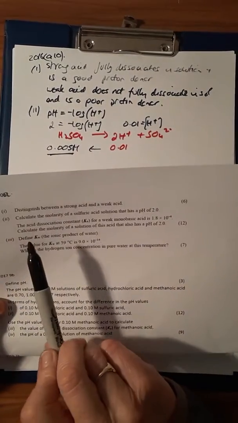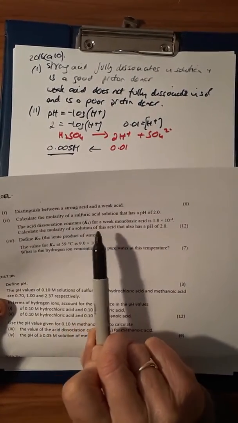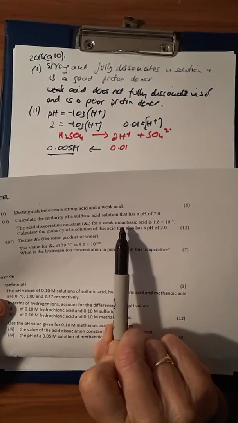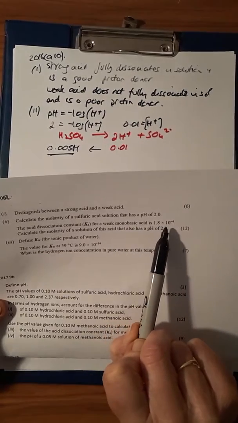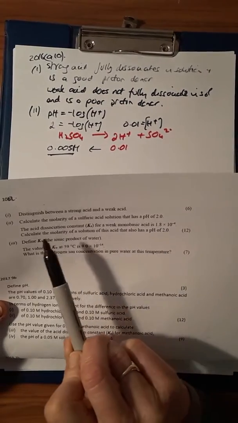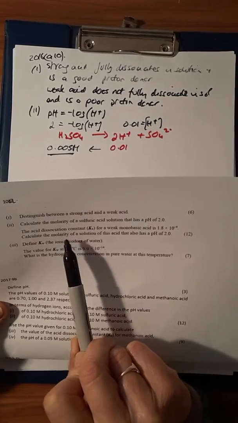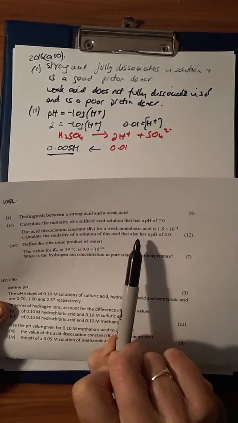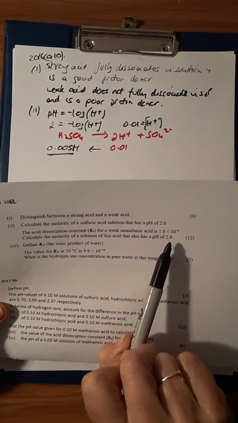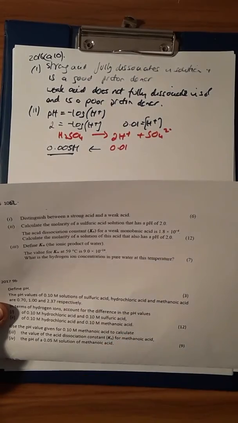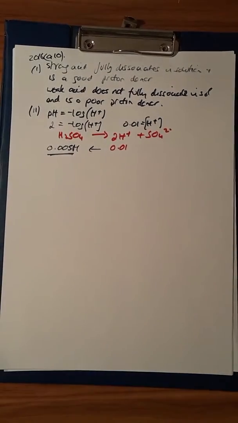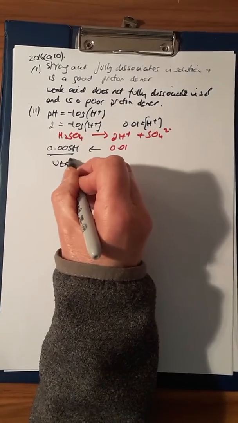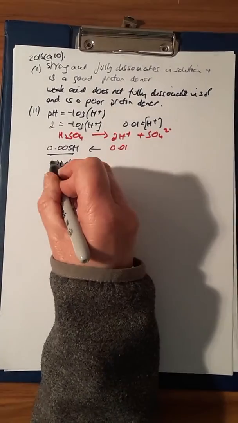Then it says the acid dissociation constant for a weak monobasic acid is 1.8 by 10 to the minus 4. Calculate the molarity of a solution of this acid that also has a pH of 2. Okay, so this is another acid, it's the weak acid. So again, a weak acid means it doesn't fully dissociate in solution.